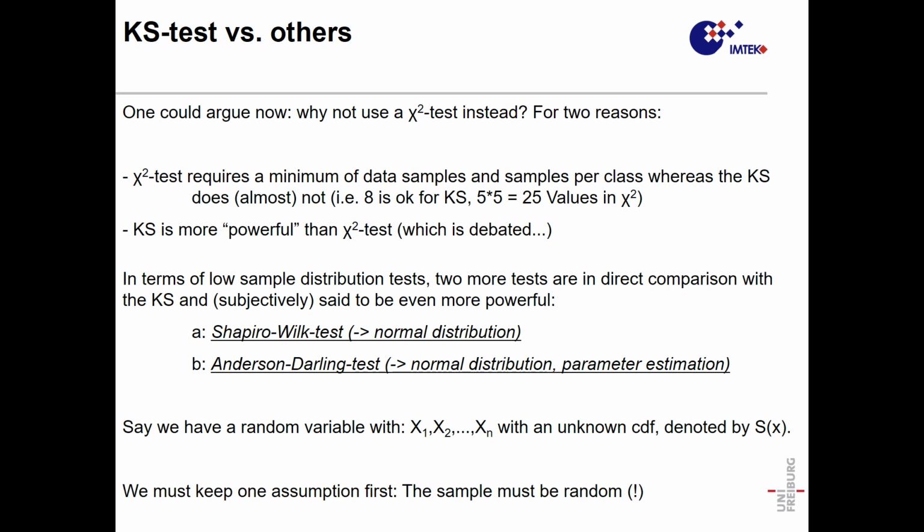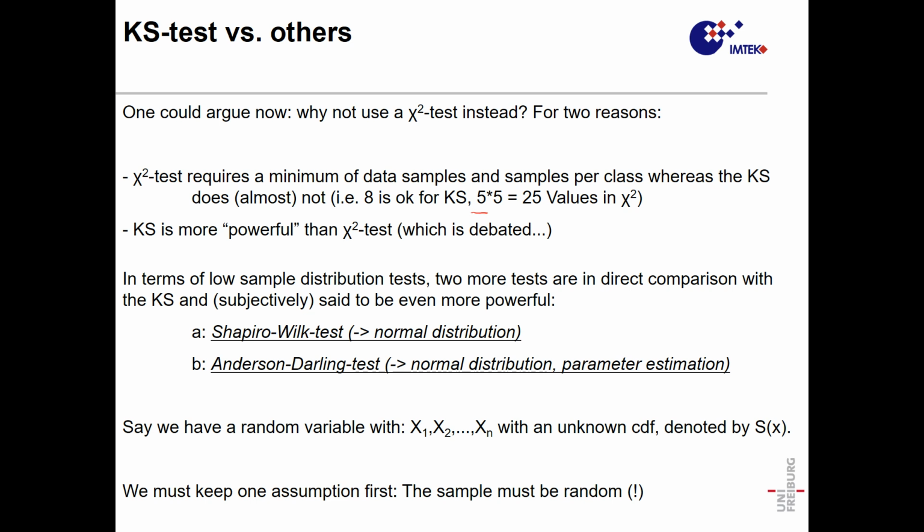Like I said, this has the same function as the chi-square test, so why would you use the KS test instead? Well, one limitation that we saw last time was that you need discrete classes, and each class needs at least 5 points inside. So if you have 5 classes, for example, you need 25 values.